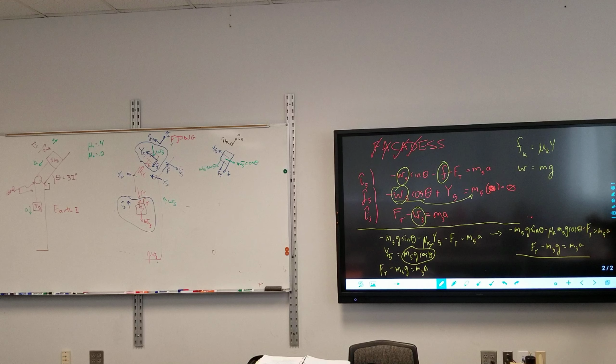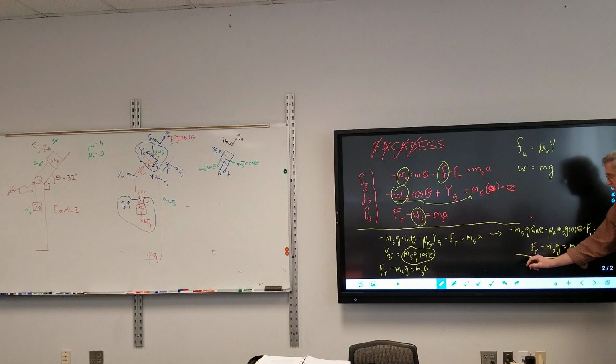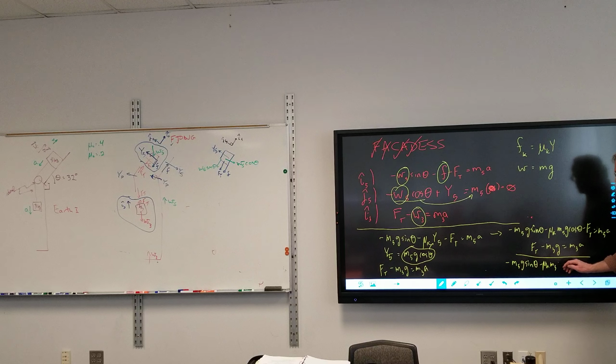There are many ways of solving it at this point. Some students prefer substitution. They'll isolate FT and then plug into here. Personally, if I have negative FT and FT, I'm just going to add and get rid of them. So I'm left with negative M5G sine theta minus mu K M5G cosine theta minus M3G equals M5A plus M3A.